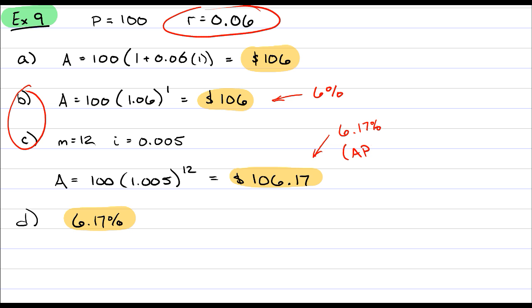And I'll show you a formula to do this in the next example, but essentially what we did in Part C was calculate the APY. We saw that the APY for monthly compounding here was not 6%, it was actually 6.17%. It was a little bit larger. And this also starts to explain why monthly compounding is a little bit better than annual compounding. You actually get a slightly larger interest rate.